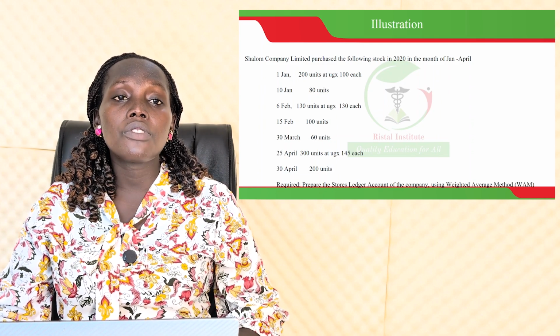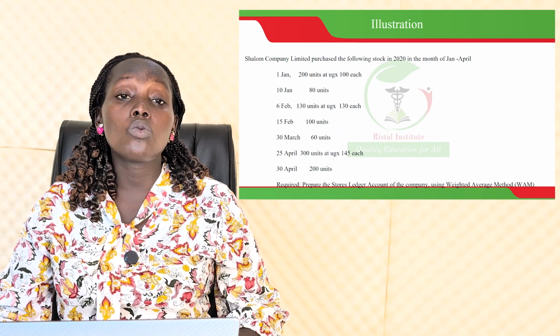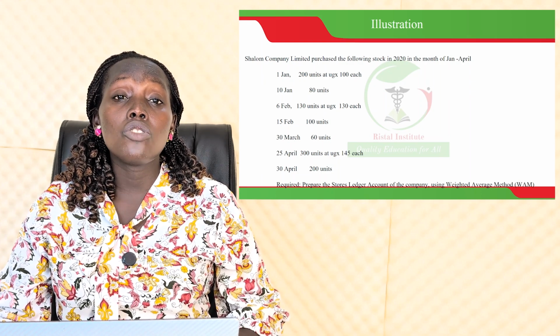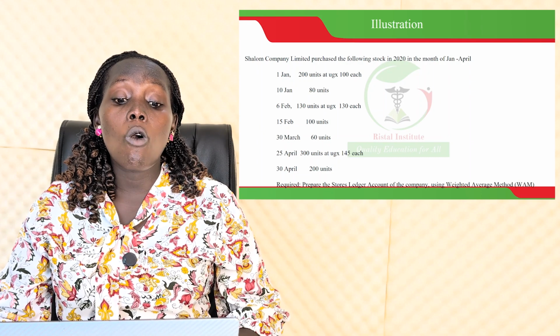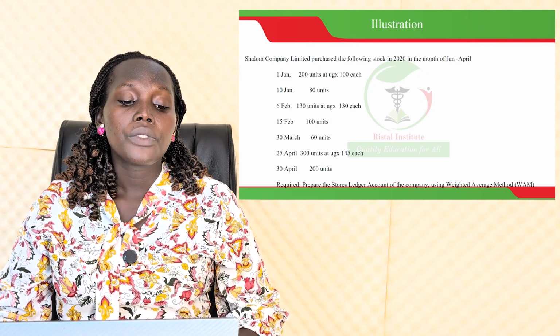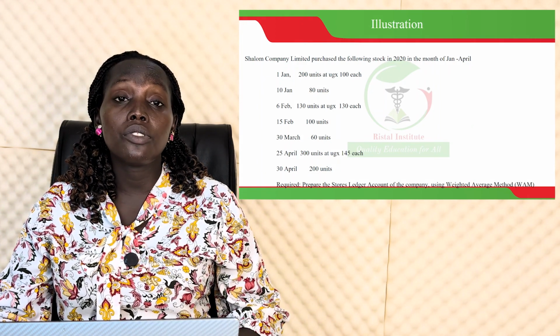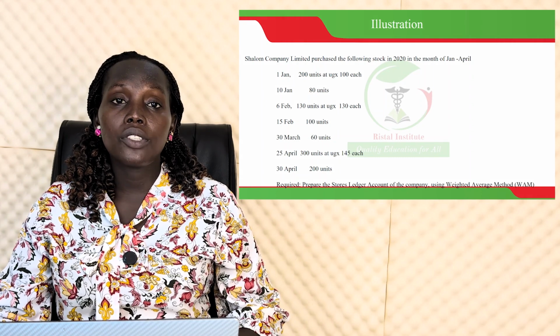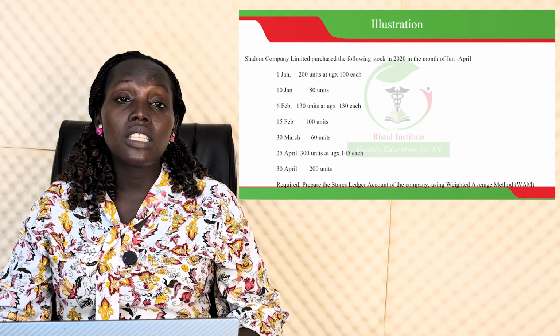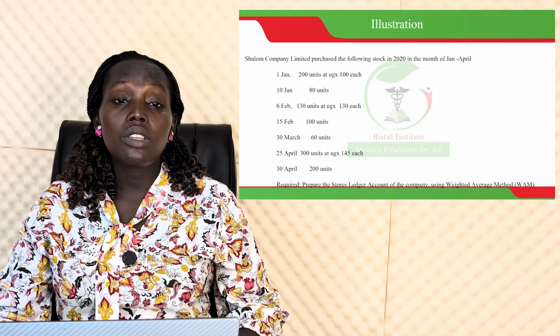On 6th of February, we purchased 130 units at 130 each. On 15th of February, we issued out 100 units. And on 30th of March, we issued out 60 units.